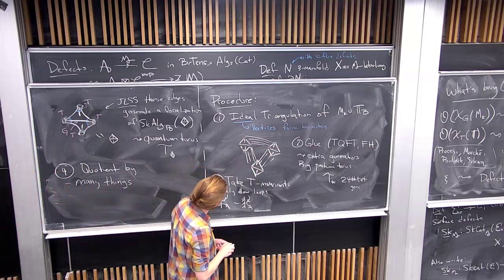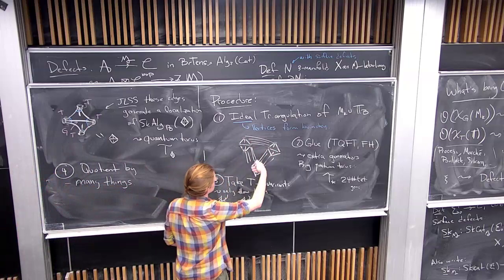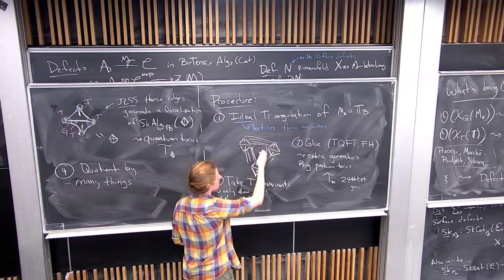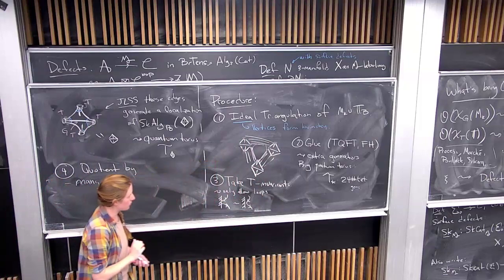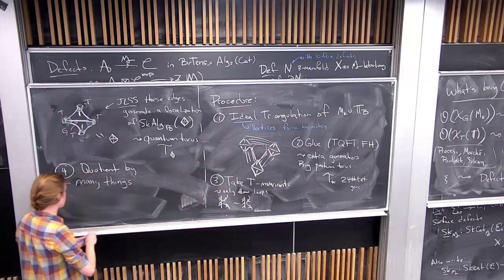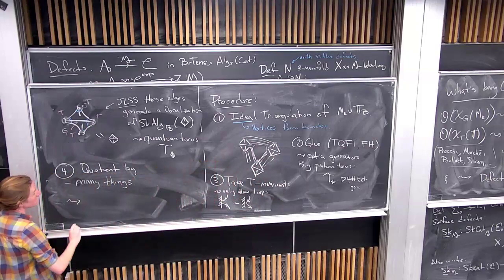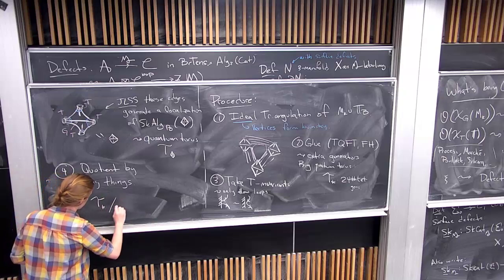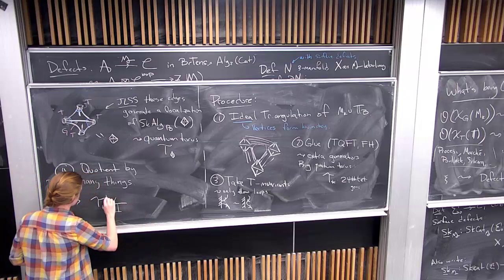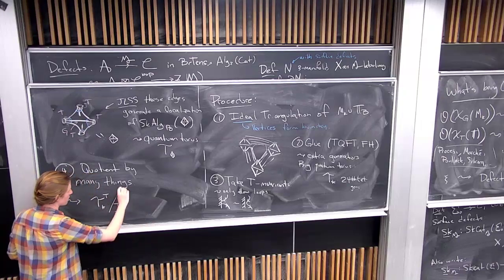Another thing I want to do is, you may have noticed when I do this gluing, I introduce some new handles. I want to close those. So I have to take a lot of quotients. And what I end up with, T of K, mod, so I'm taking these invariants, I mod some huge ideal here.